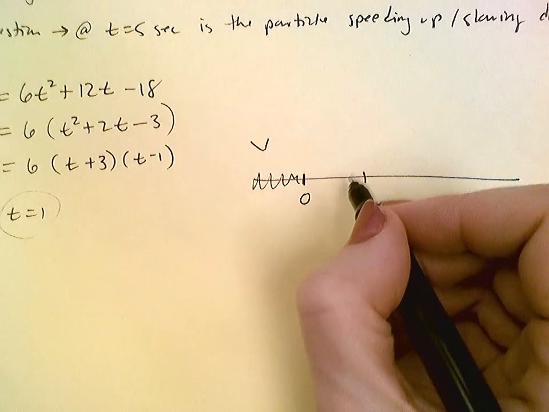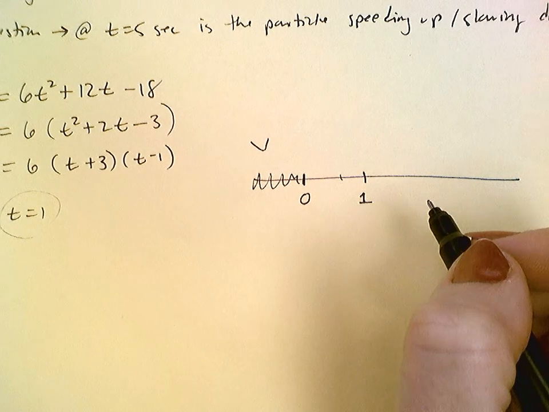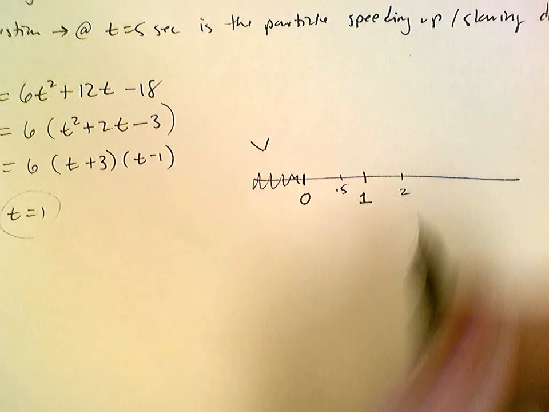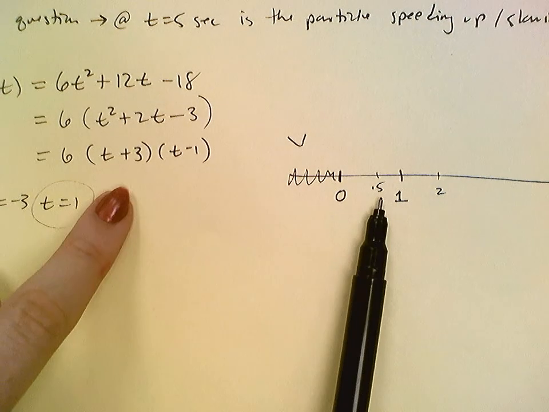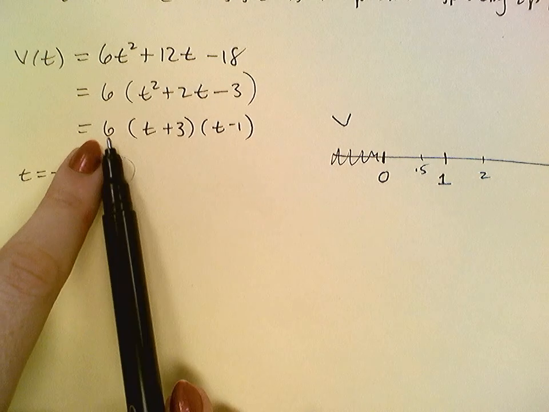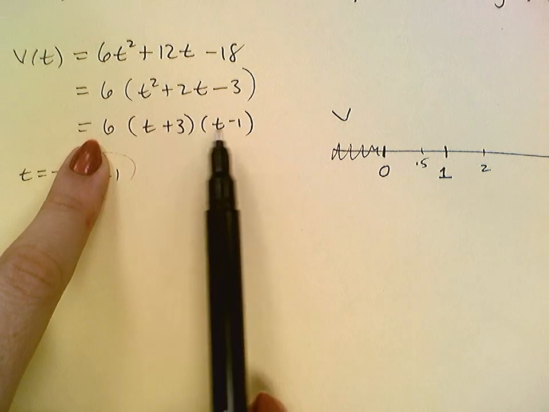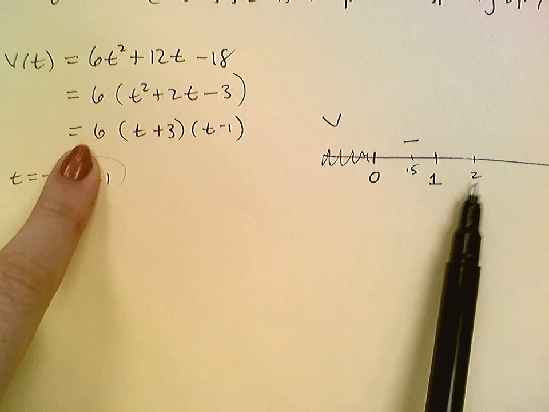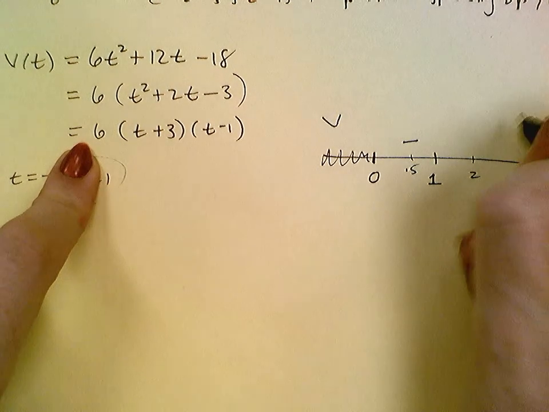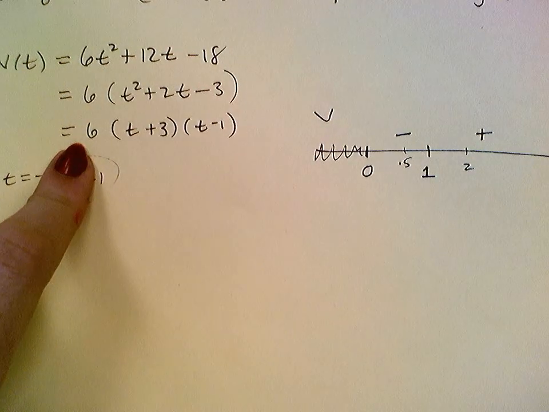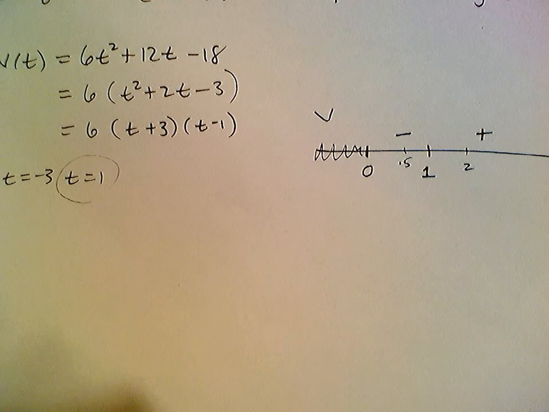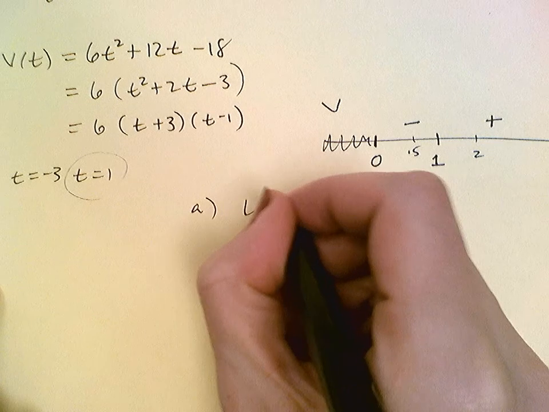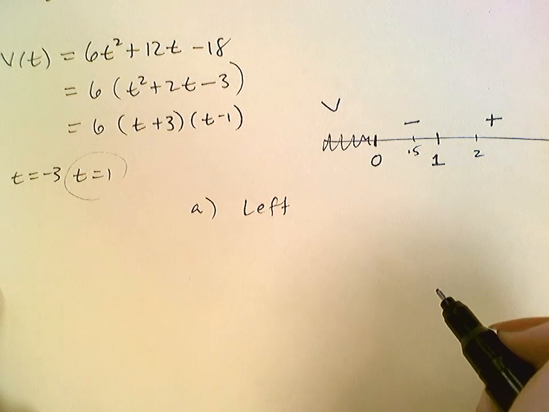And then for testing points, I could do 0.5 here, and I could go 2. And then if I plug 0.5 into here, I get positive times negative. So that's negative. And if I plug in 2, I get positive.